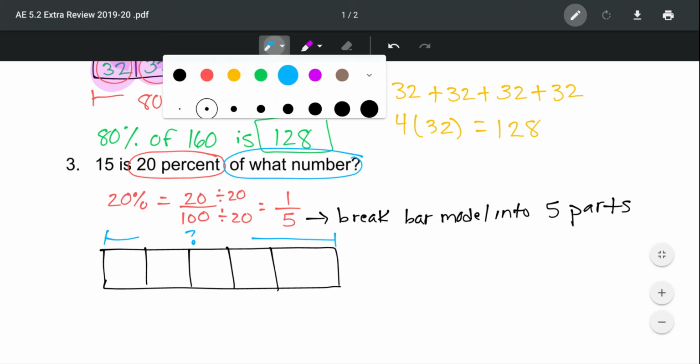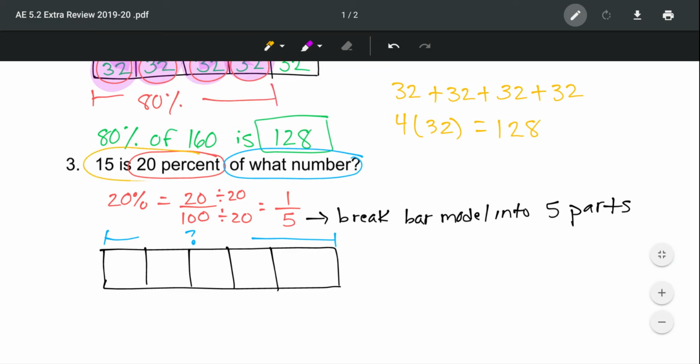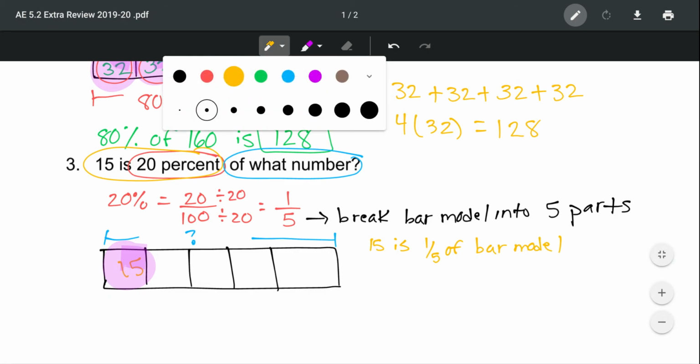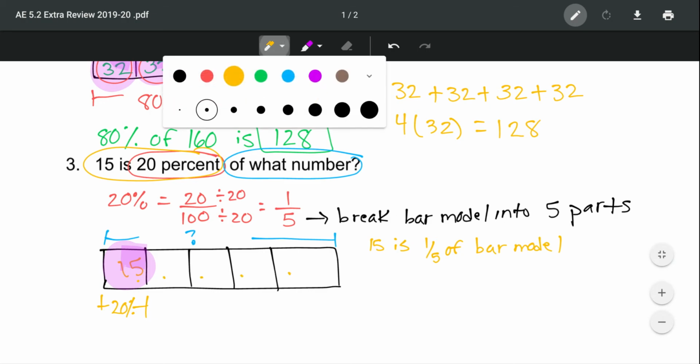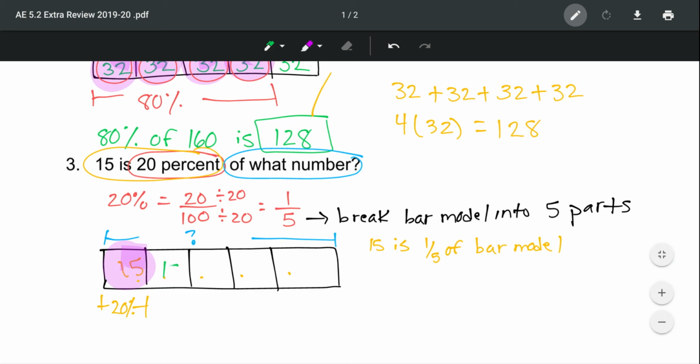That's what this phrase is saying. 15 is 20%, which means that 15 is 1/5 of your bar model. So 15 is one of these fifths. Since each of these parts is the same, 1/5 would be 20%. If one part is 15, each of the remaining portions is also 15.